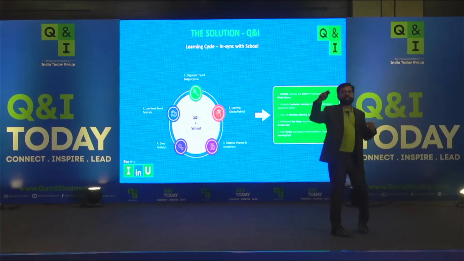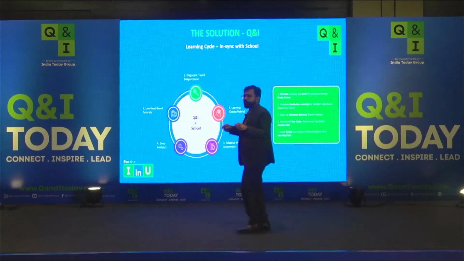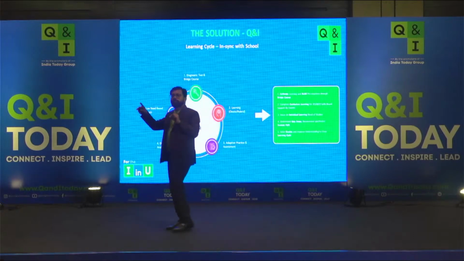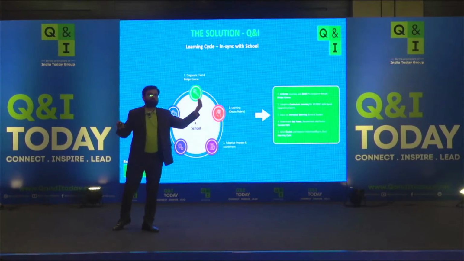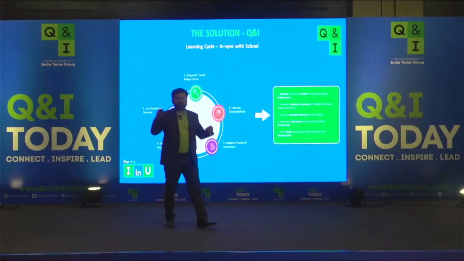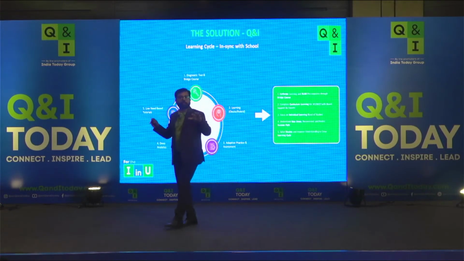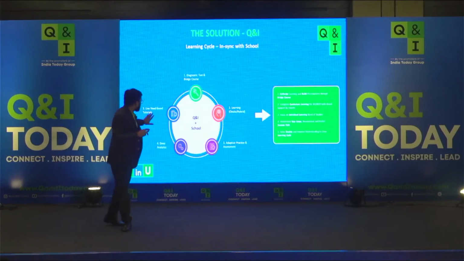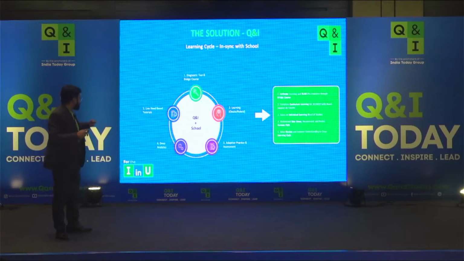Based on the practice and the assessments that they are taking on the platform, we are able to chart a learning journey, much like the Google Maps that we have. We define from where to where we have to go, and there is a learning journey that's defined, the time, etc. is defined. Similar to that, we are trying to build in a learning roadmap for the child. So that kind of analytics is there in the Q&I platform that we have developed.